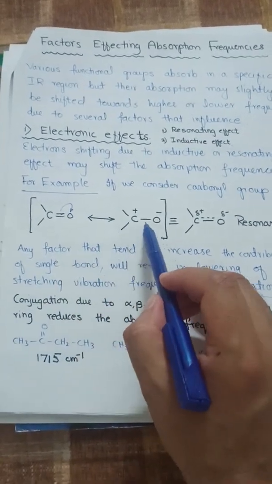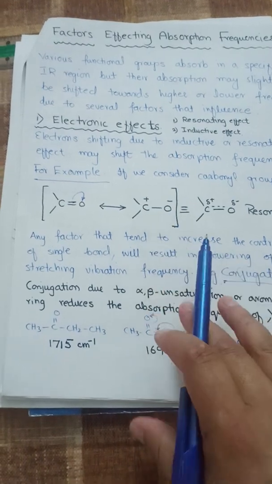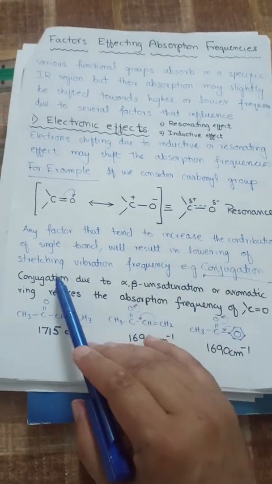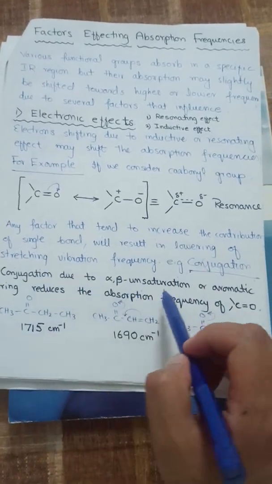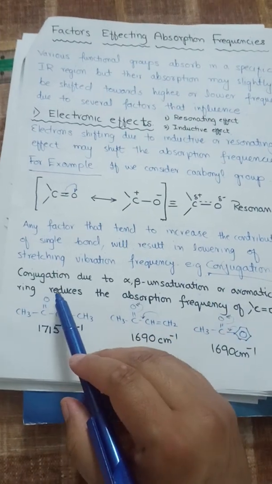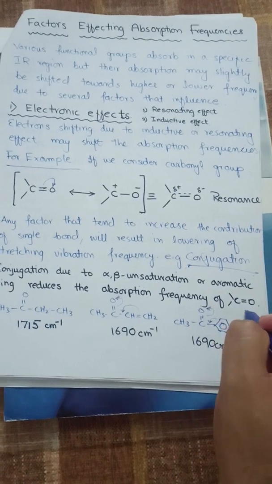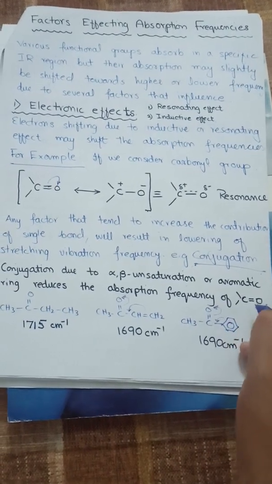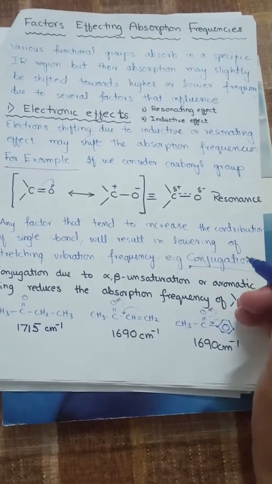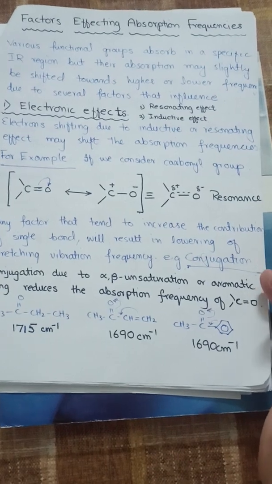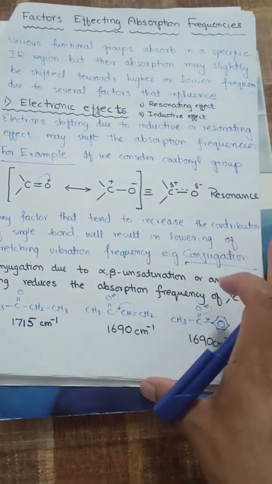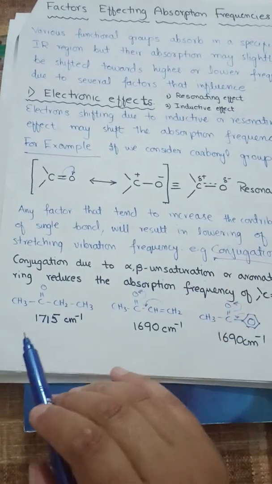So here we have shown this partial double bond. Conjugation due to alpha-beta unsaturation or an aromatic ring reduces the absorption frequency. Like here we have a carbonyl system, and if it is attached to some other conjugation system or aromatic system, the absorption frequency will be decreased.